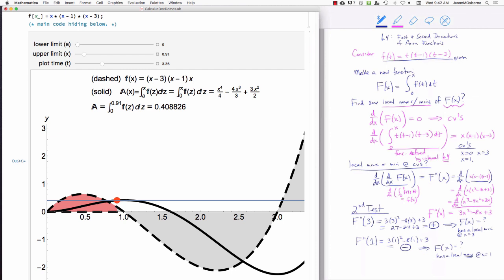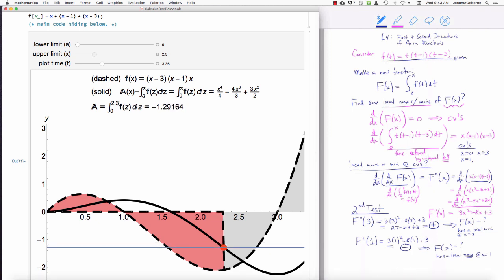And we can see there that the function reaches a maximum. If you continue on, we're getting negative signed area, and so we're getting more and more negative area. And finally, right around 1.5, we get more negative area than there is positive area, so our solid line function goes below the x-axis, so our area function goes negative.